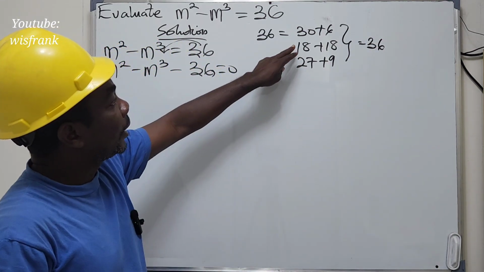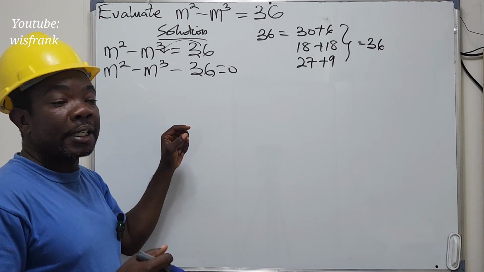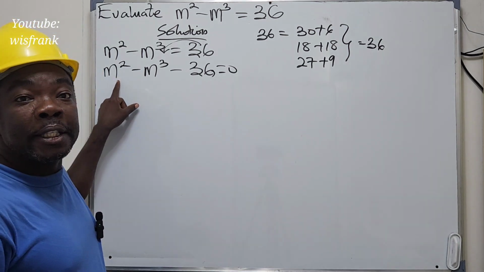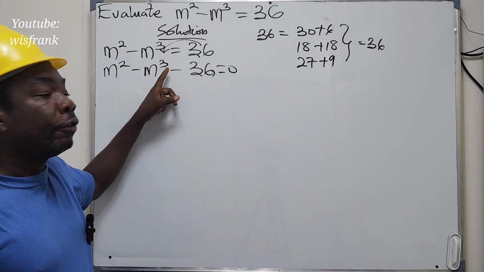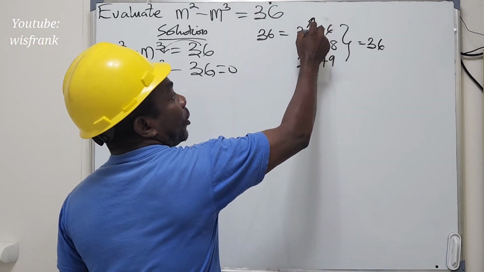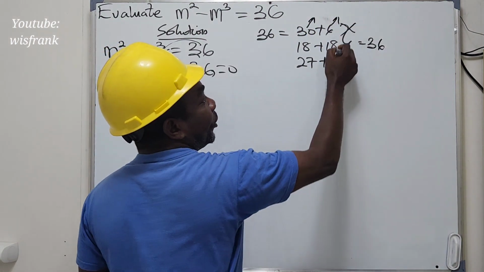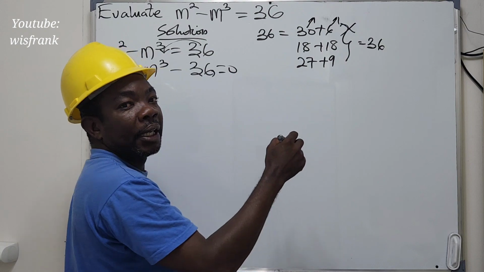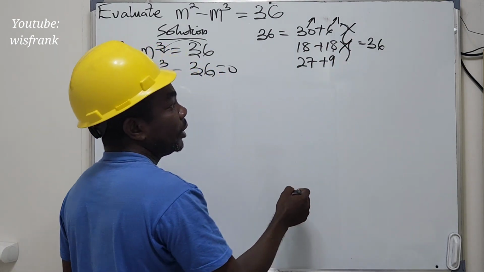So what we are going to do is to look for a factor of 36 that will give us a base to the power of 2 and a base to the power of 3. So this 30 does not have that, and 6 does not have that, so this is rejected. 18 does not have that, and 18 does not have that, so this one is rejected.